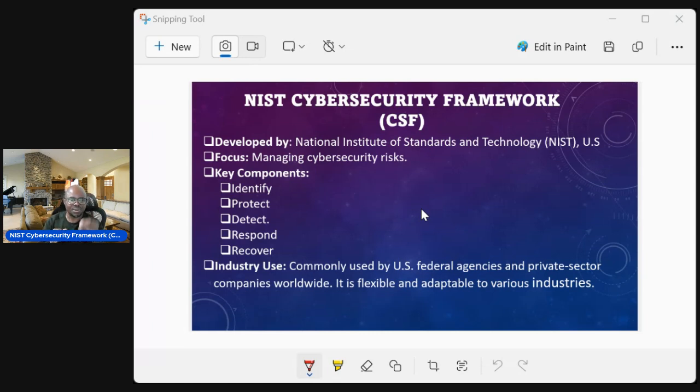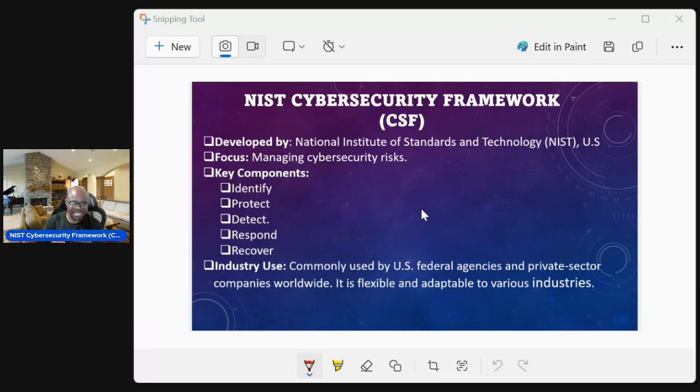Now, what are the activities that need to be performed under the recover component? 1, recovery planning. Develop and maintain a recovery plan to restore systems after a breach or attack.